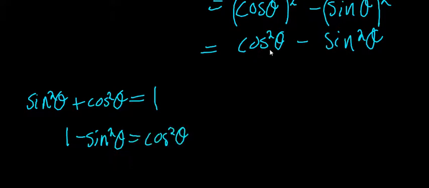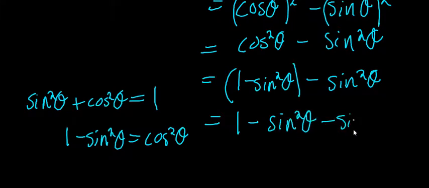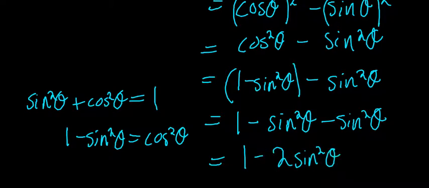So we can replace cosine squared of theta with 1 minus sine squared of theta. And if we simplify, this gives us 1 minus sine squared of theta minus sine squared of theta, which is equal to 1 minus 2 sine squared of theta.